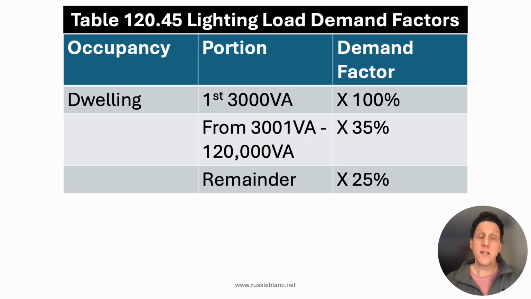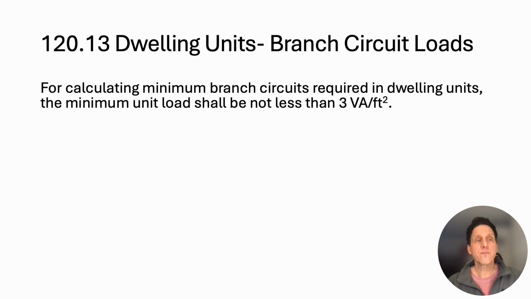Now, because there might be some concern of using that 2 volt amps per square foot to also determine the number of branch circuits and then ending up with fewer branch circuits, there's another change we're going to look at. And it's this one. 120.13 was added so that we're not going to be installing fewer branch circuits.